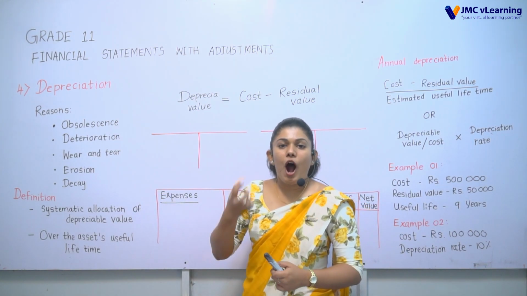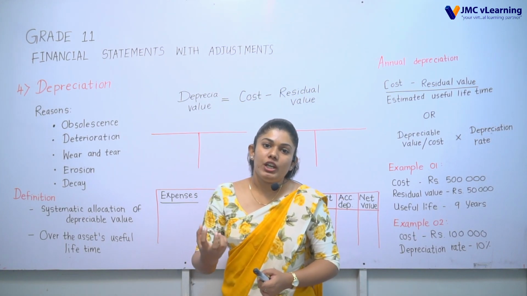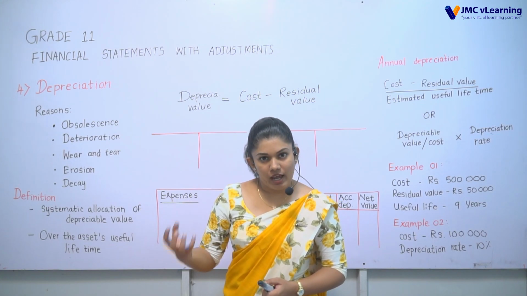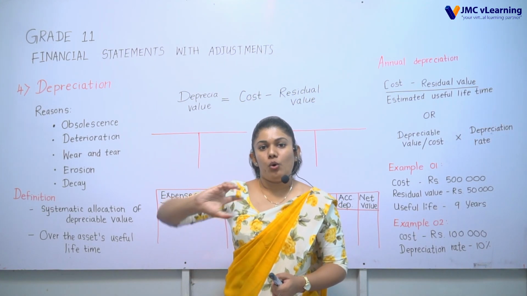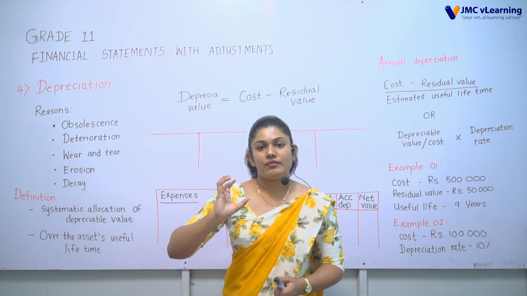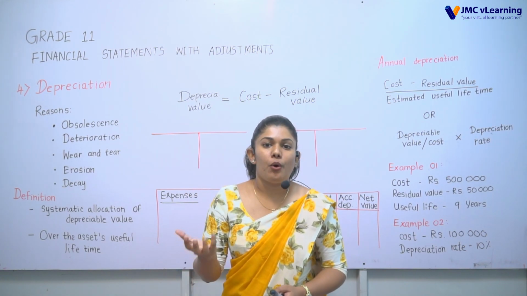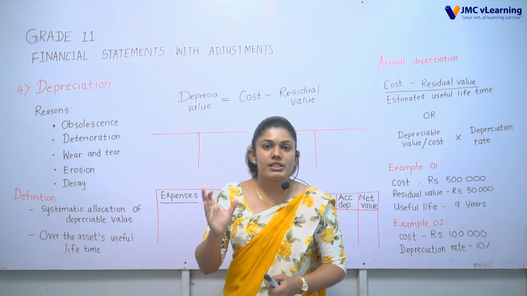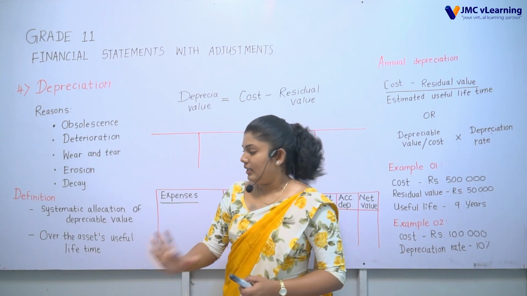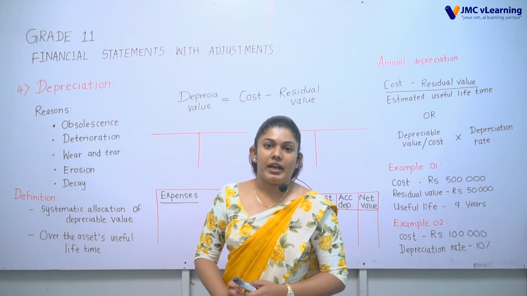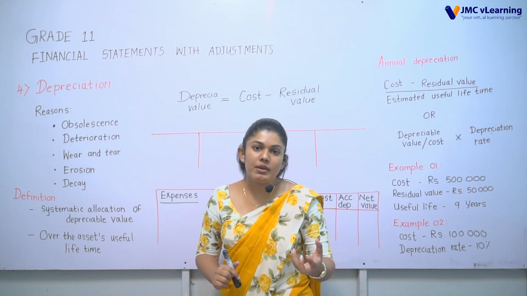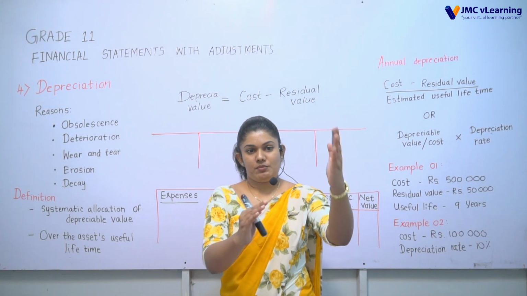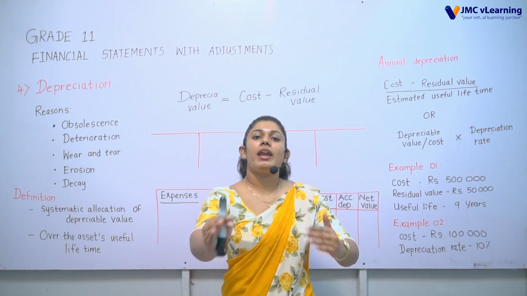Useful lifetime means how many years we can use this asset. At the end of this useful lifetime, the recorded value of the asset will be 0, because the asset will be useless. Useful lifetime can be measured by years. We can say this machine can be used for 15 years.